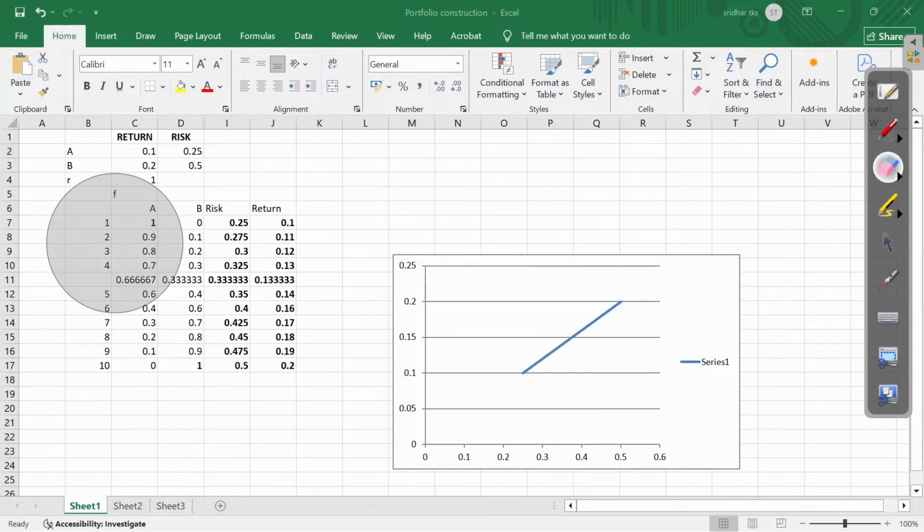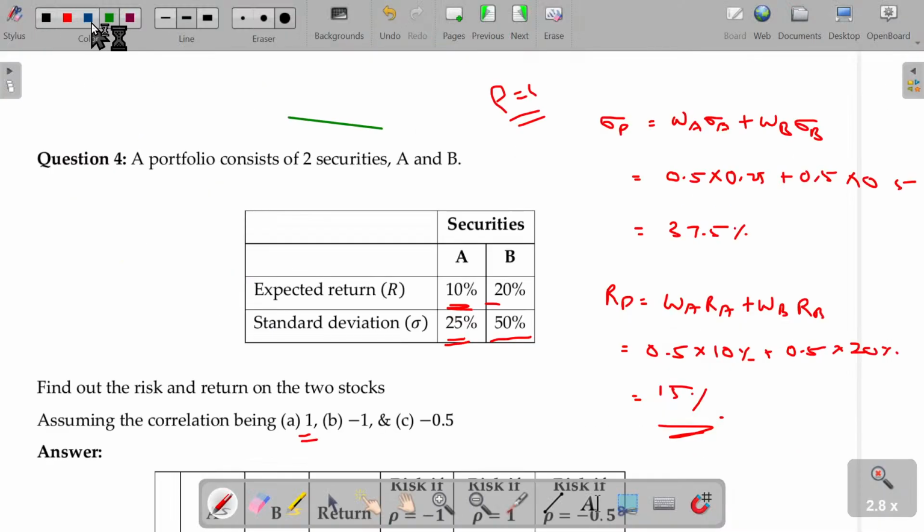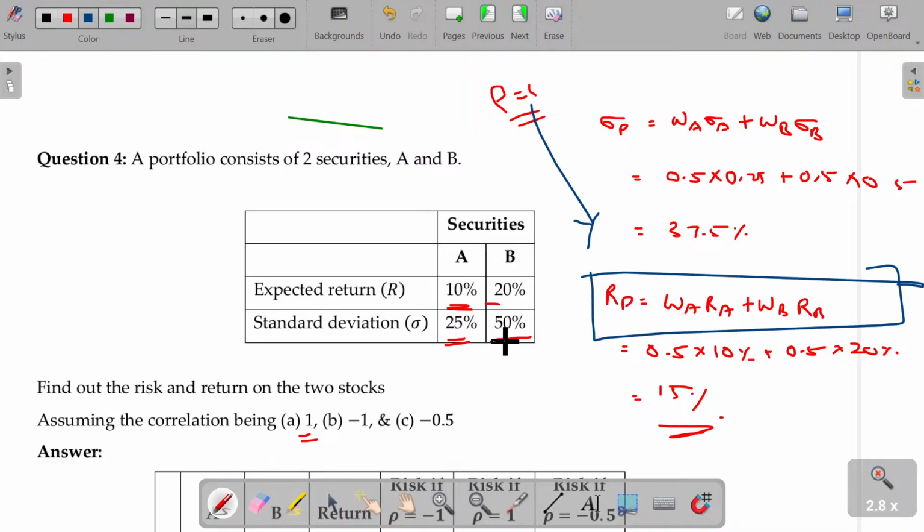In this scenario, what you can do? You can use this formula for calculation of risk. This formula will work only when correlation is equal to 1. Then what if correlation being -1? If the correlation being -1, what does it mean? Perfectly negative correlated. This is perfectly positively correlated.